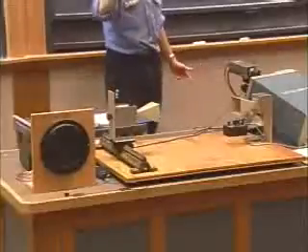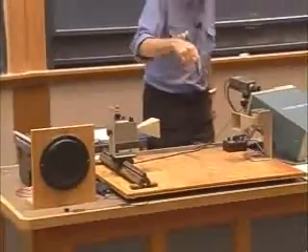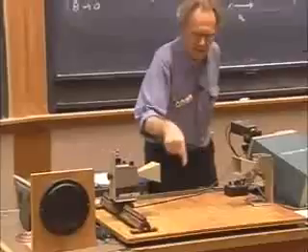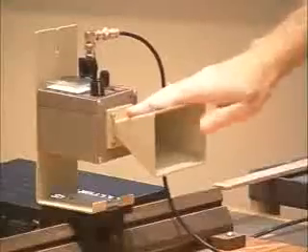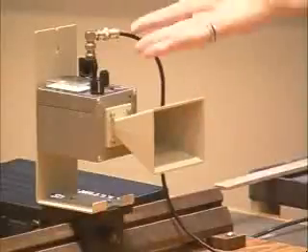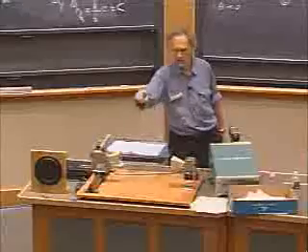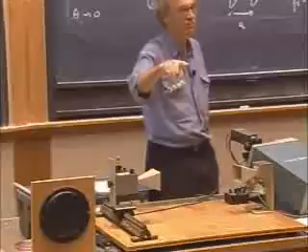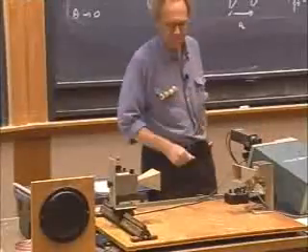It's only a very small antenna, but it's only 3 centimeters wavelength. So the E field goes like this, and here is the receiver. If we put the antenna of the receiver like this, it will receive the signal. If we put the antenna like this, it can't receive it.